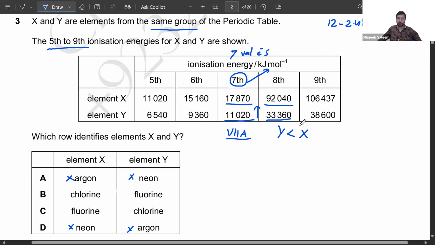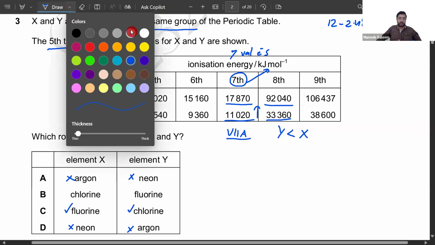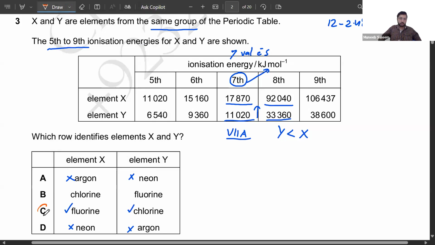So X must be the upper element and Y should be the lower element. In option C, we can see that chlorine is the upper element and the other is the lower element within group 7. So that's why the right answer is option C.